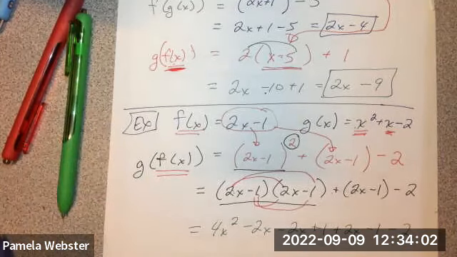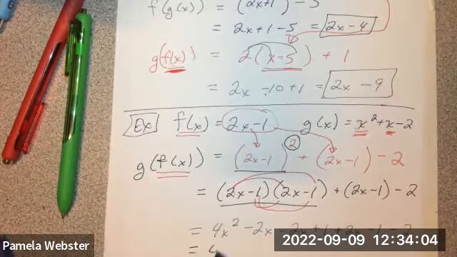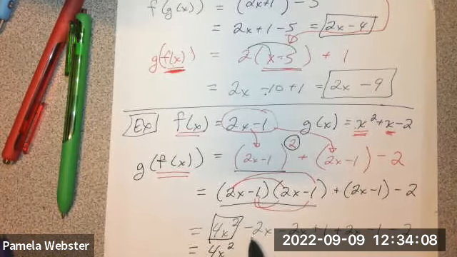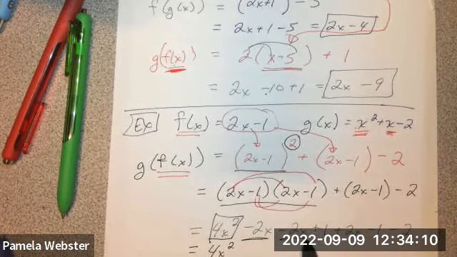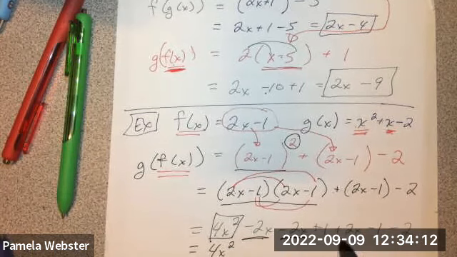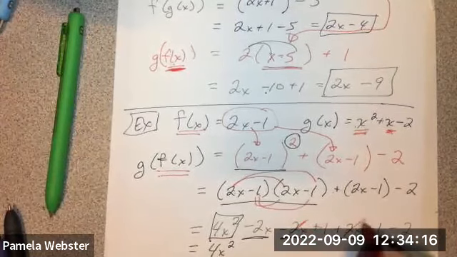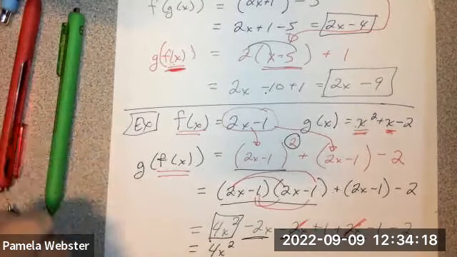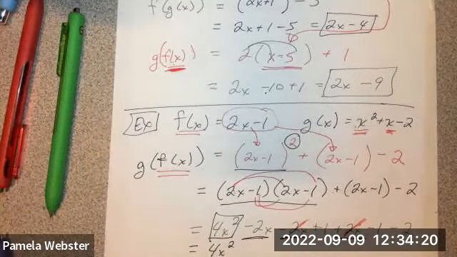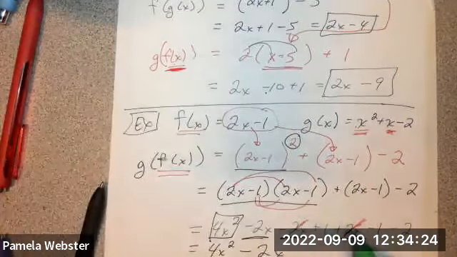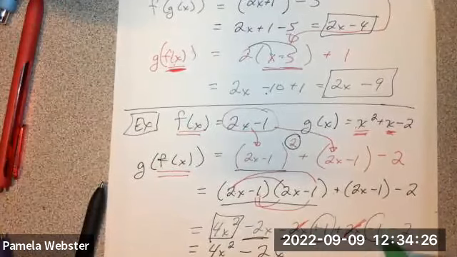All right. So here we go. We have a 4x squared. It's the only one with a square, so I'm good. I have a negative 2x and a negative 2x and a positive 2x. And I know that one of those negatives and one of those positives will go away. And that gives me negative 2x. And I have a 1 and a -1.